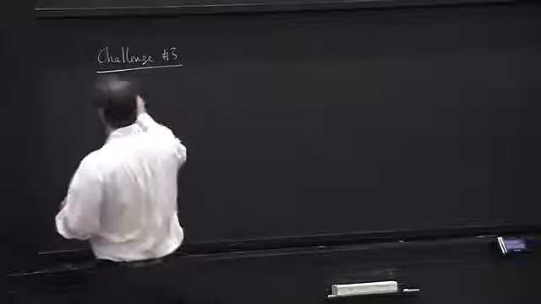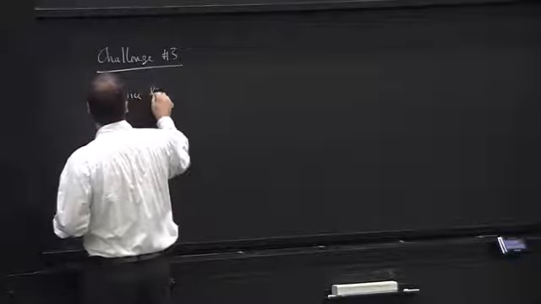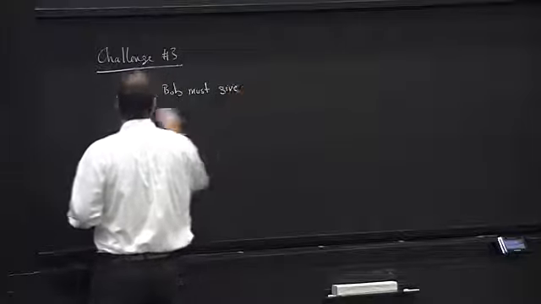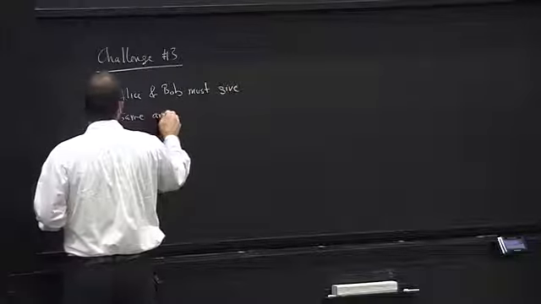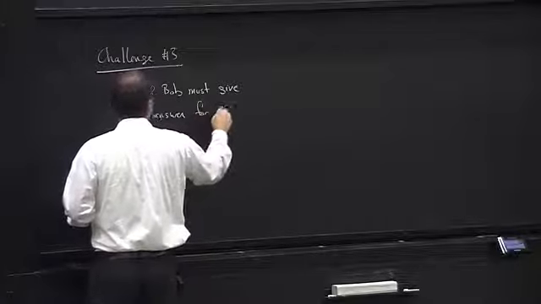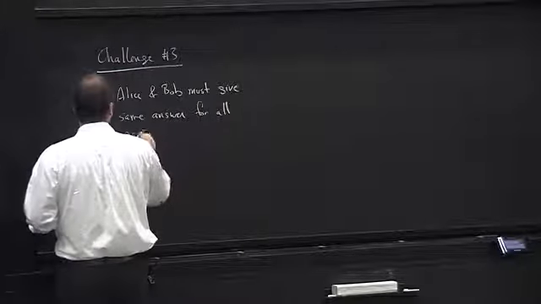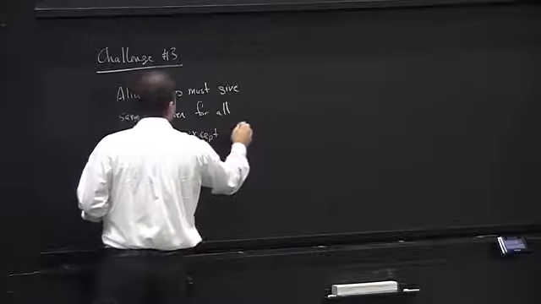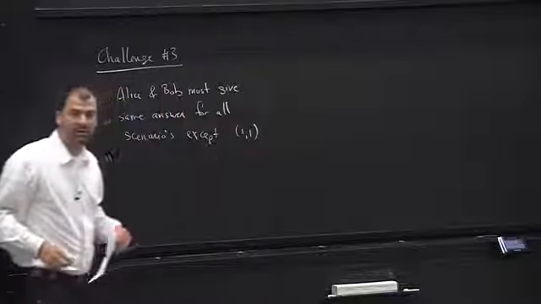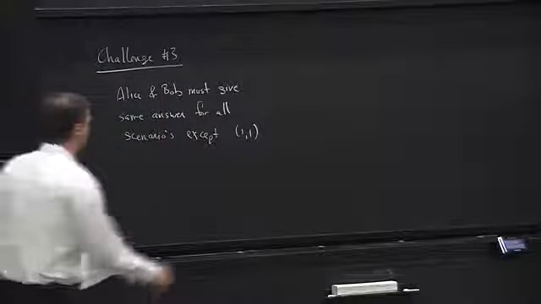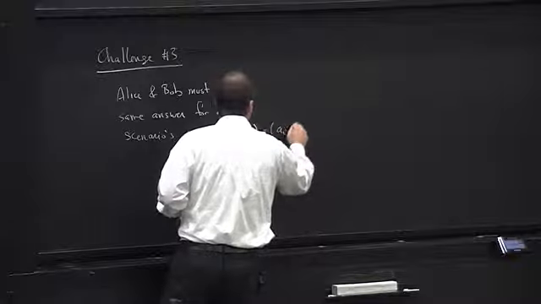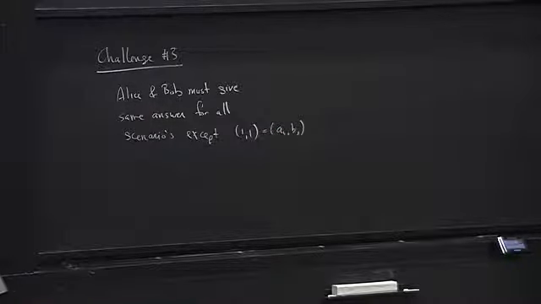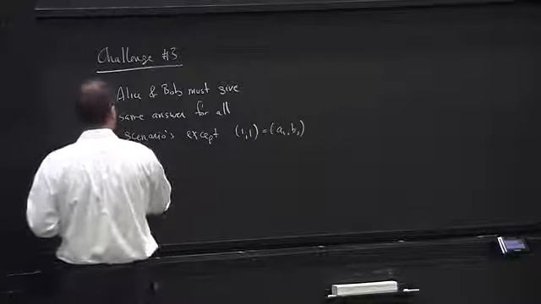In this case, Alice and Bob must give the same answer for all scenarios except if they're both asked 1, in which case their answers must just agree.